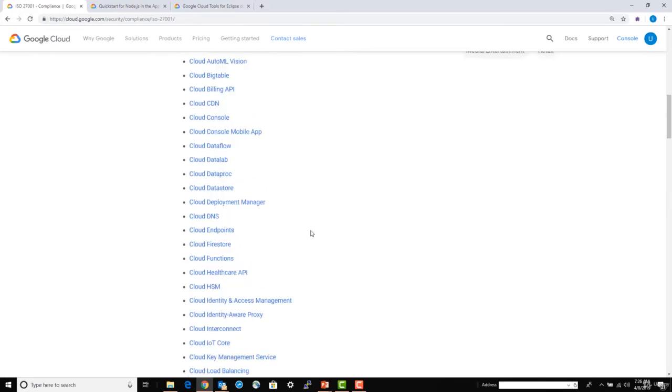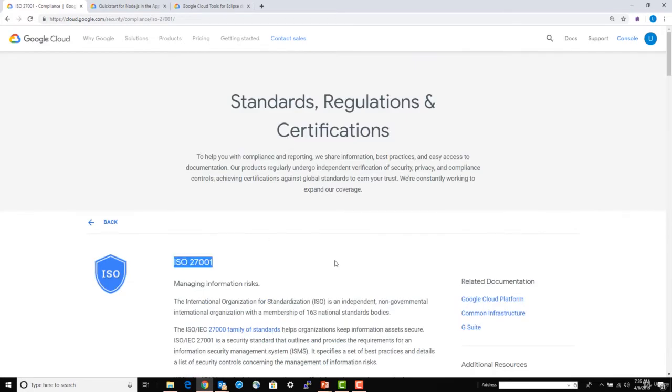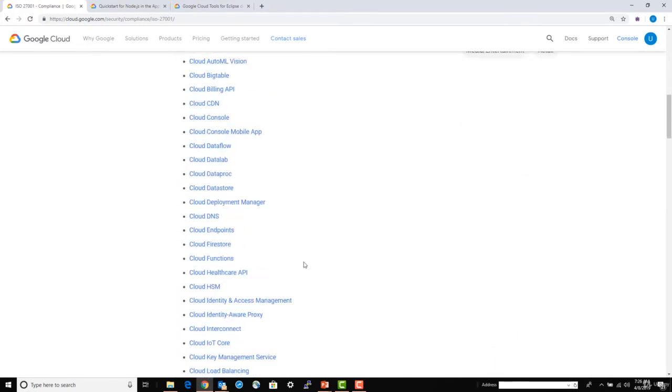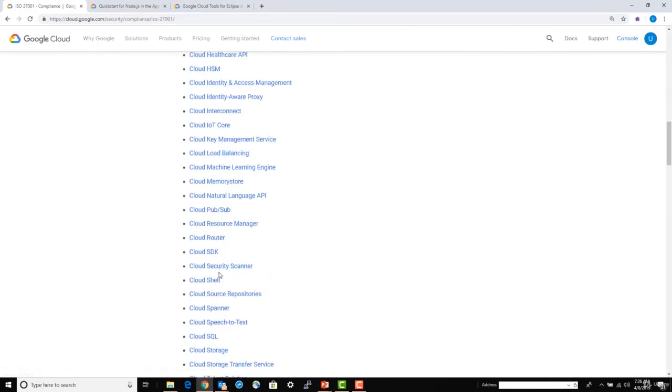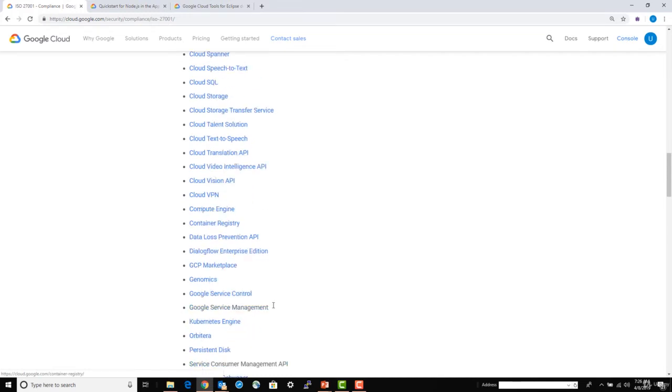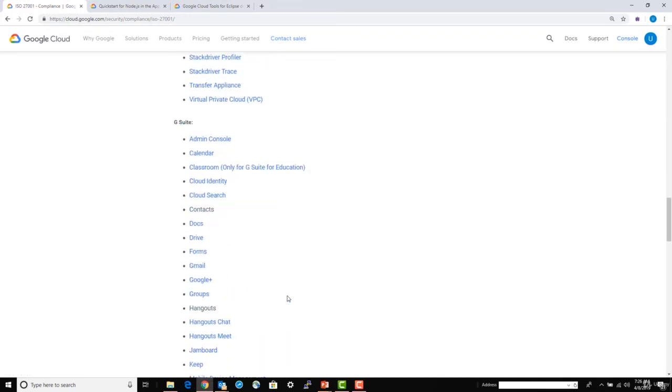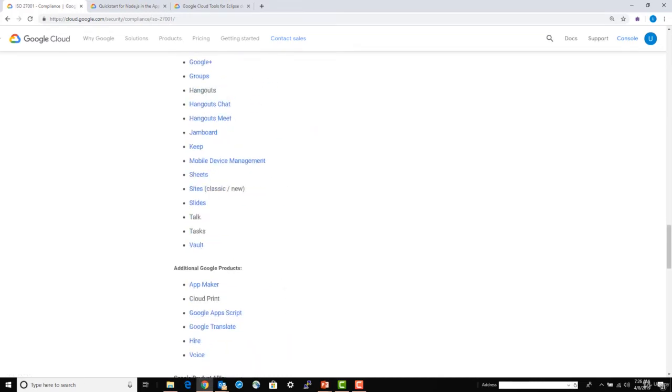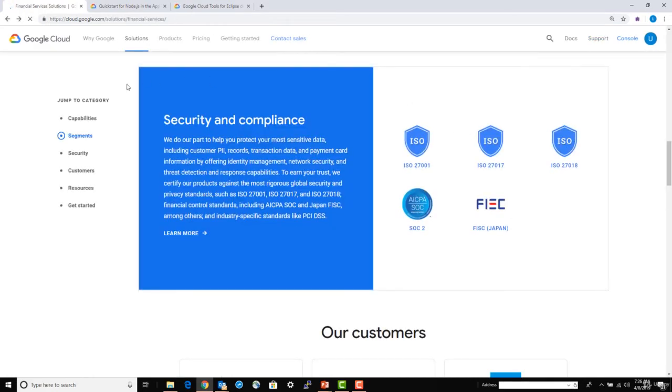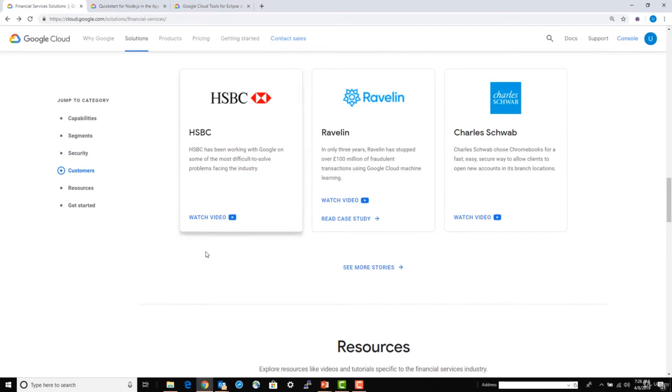So this is compliance with ISO standard 27001. All of these services from Google Cloud are compliant with that. That is how you can understand what your level of requirement is, and then drill down. As an example, HSBC has given case studies on how they implemented Google Cloud Storage and the security measures they needed.